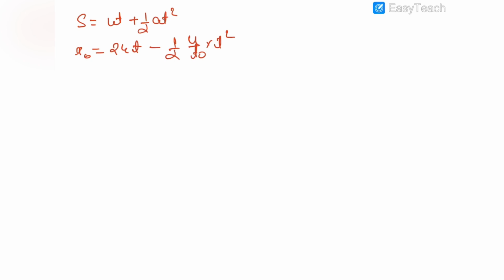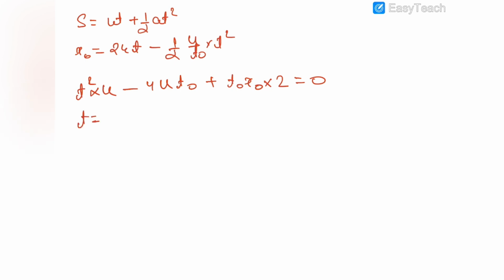So this is the equation, and you can use this quadratic equation: t square into u is minus 4u t naught, plus t naught x naught into 2. So this is the quadratic equation.